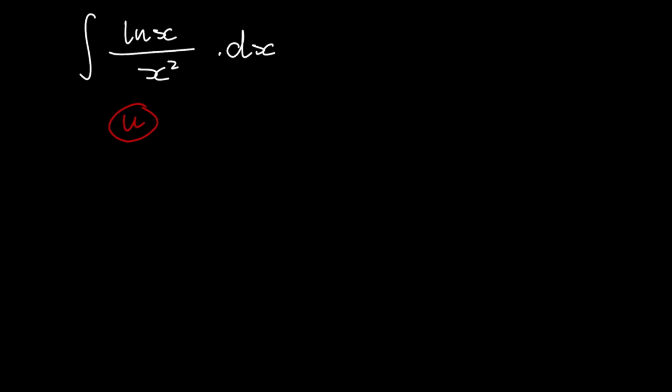Here's another example, the integral of ln of x over x squared dx. So we're going to choose something that's easier to integrate and something that's easier to differentiate. Now, using the acronym LI8, it's clear that ln of x, our logarithmic term, is going to be u, and 1 over x squared dx is going to be our dv, or the term that's easier to integrate.